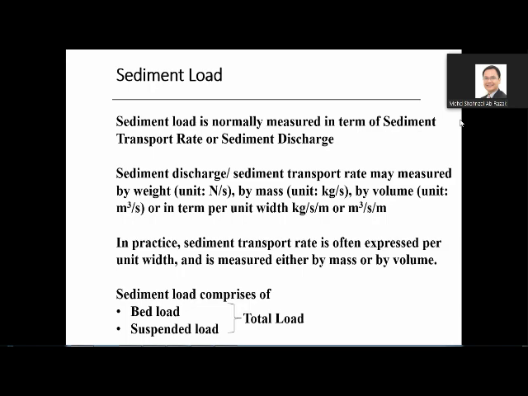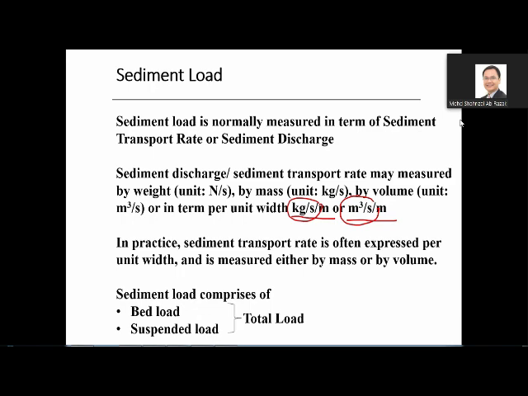Per unit width, it can be kilogram per second per meter, or cubic meter per second per meter. This one is by unit weight, and this one is by the volumetric unit.